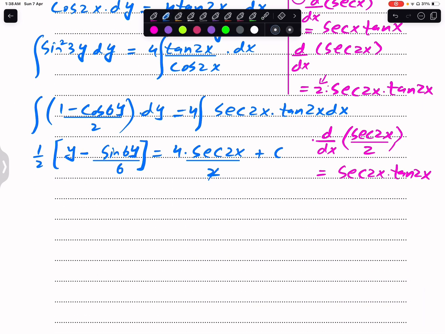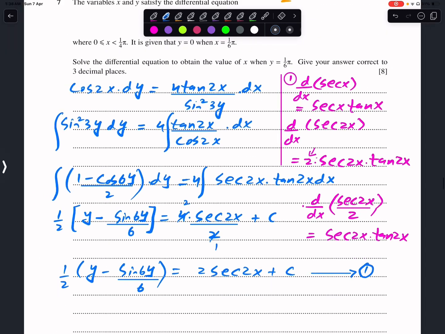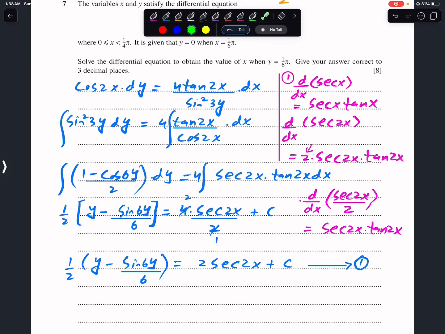Now cancel this 2 with 4, so 1 over 2 into y minus sine 6y over 6 is equal to 2 secant 2x plus a constant of integration. Call it, let's say, 1. So students, this was the first way to integrate this integral. Let me tell you the second way, and after that you will solve this equation further.